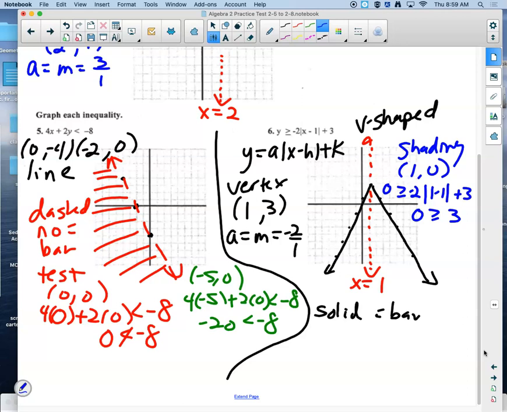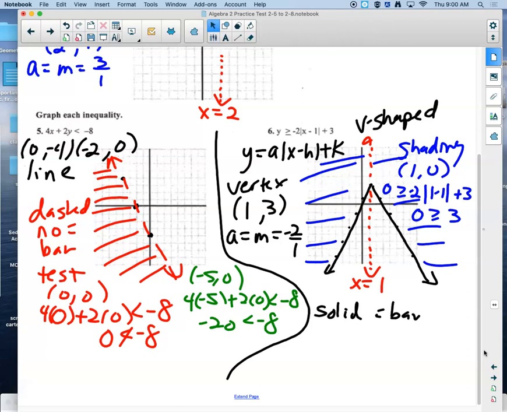Jackson. This is where 1, 0 was, and it didn't work. Outside. It's a test, so I would want to double check, make sure that my shading is right.